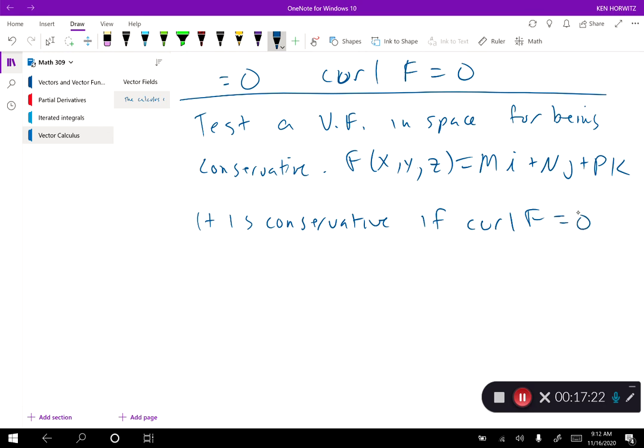And that is by far the much easier way to test a vector field in space for being conservative or not.